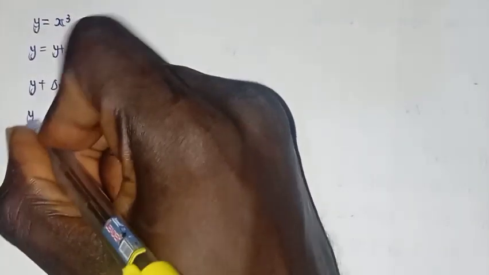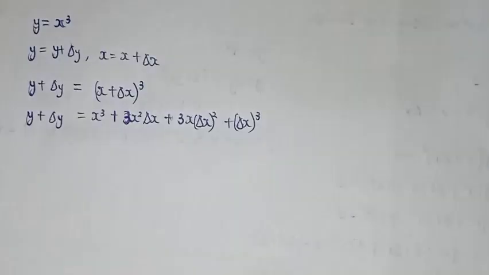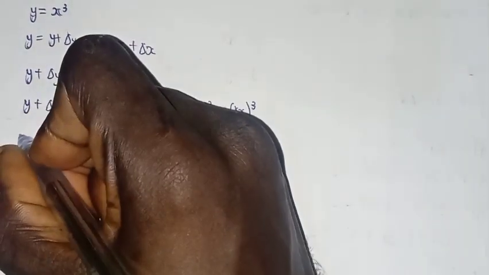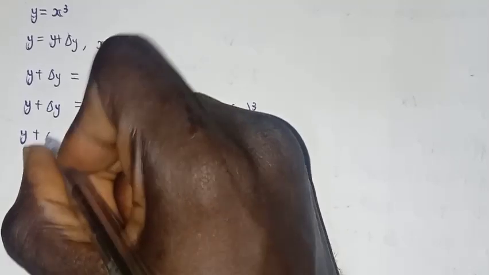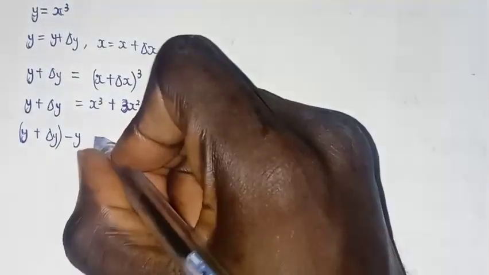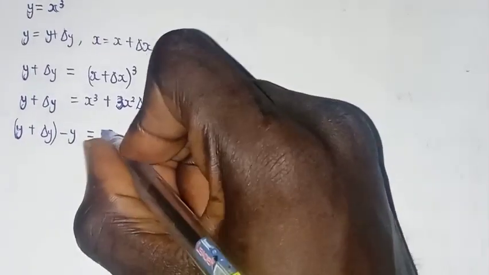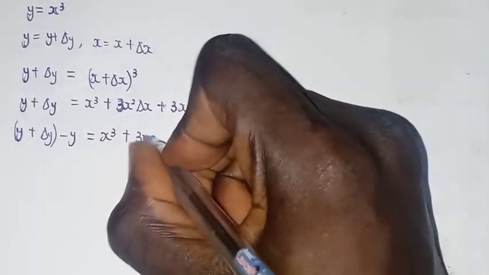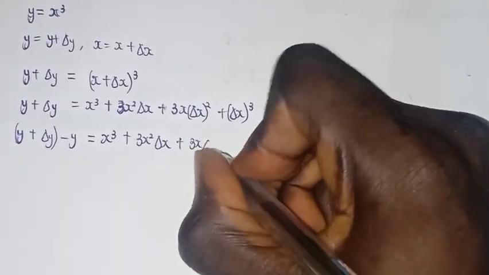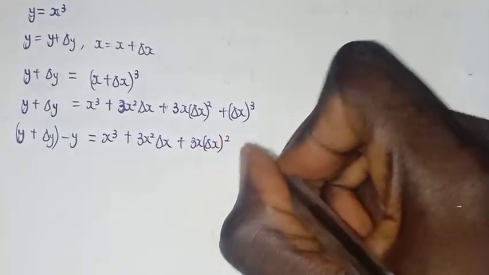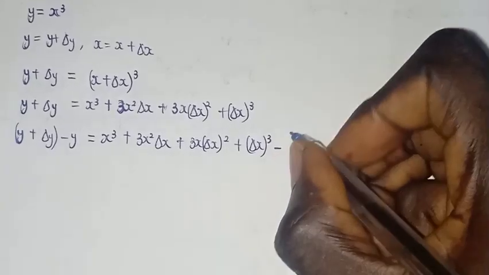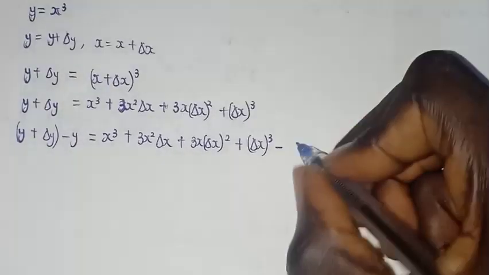And then our left hand side becomes this as well. And then we'll subtract y from both sides of the equation. So on the left hand side becomes y plus delta y, bracket minus y. And then on the right hand side becomes x cubed plus 3x squared delta x plus 3x delta x all squared plus delta x raised to the power of 3, and then minus y, and then y is our x cubed, right?